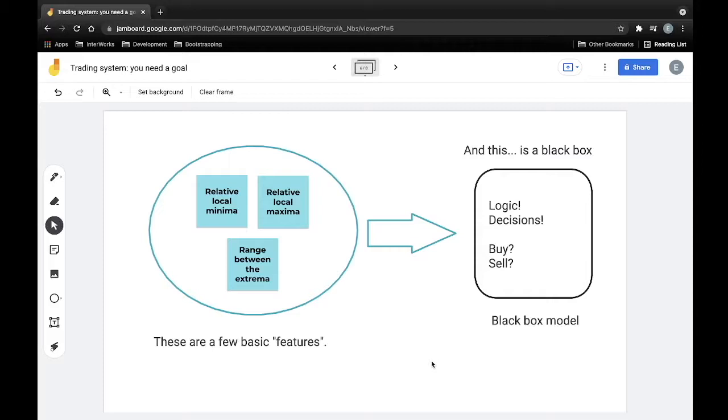Even the simple bot that's already in place has this concept of relative local minima and relative local maxima. What I haven't really implemented yet is exploiting some information about the ranges between these extrema. But what I really want to point out is that these are just basic features.